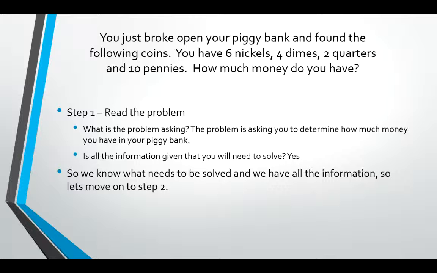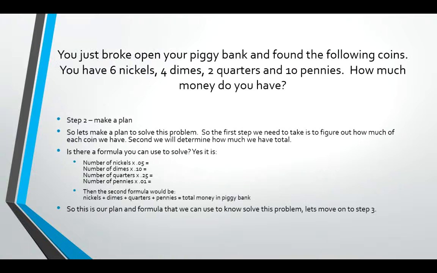Now that we know what we need to solve and we have all the information, let's move on to step 2 so we can actually create our plan and the formula. So, we're going to make a plan to figure out how much money we have after we broke up our poor little piggy bank. The first step is to figure out how much of each coin we have, and then second, add that together to determine how much we have in total. Is there a formula that we can use? Yeah, there is.